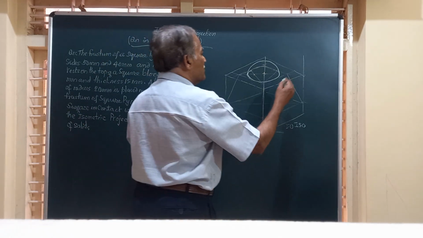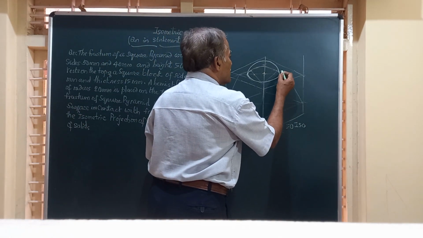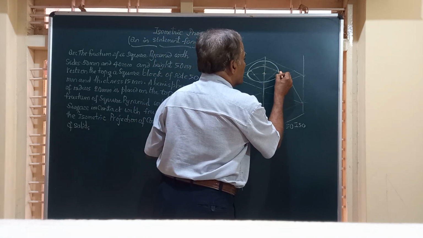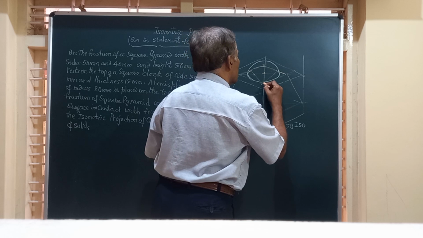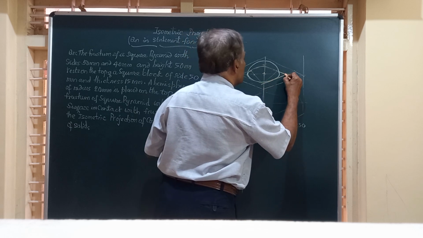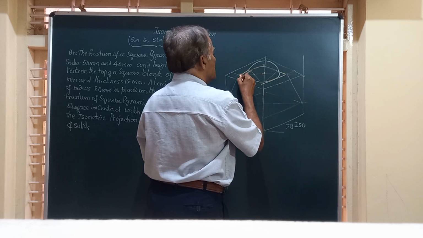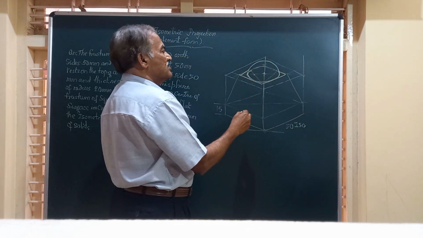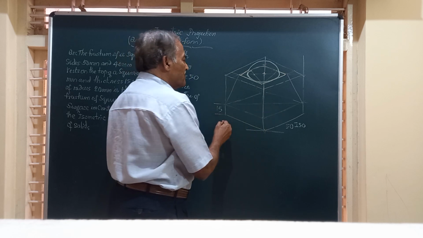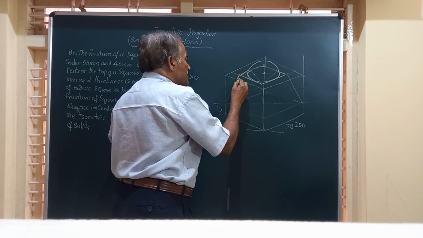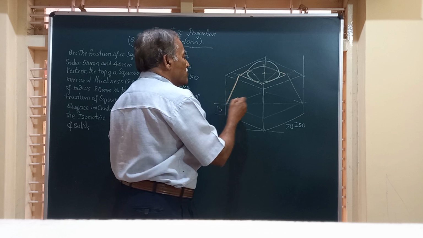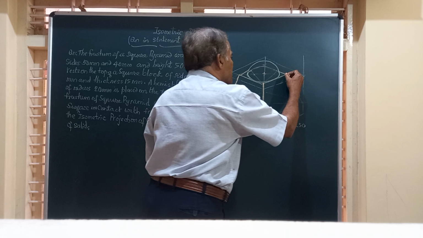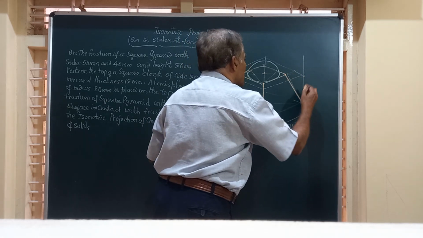Friends, now we have to see what are the lines that are left over. So friends, this is for the hemisphere, and we have got like this. This is for the top surface of the frustum of a square pyramid. This is one of the slant edges, second slant edge, third slant edge.